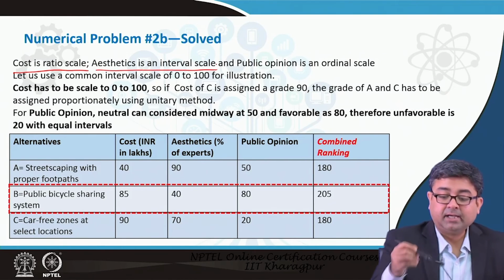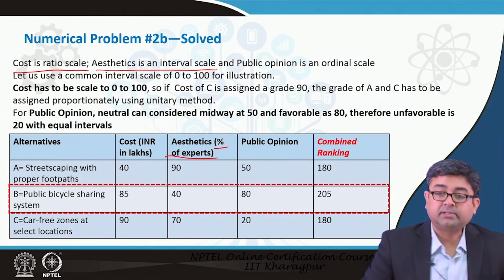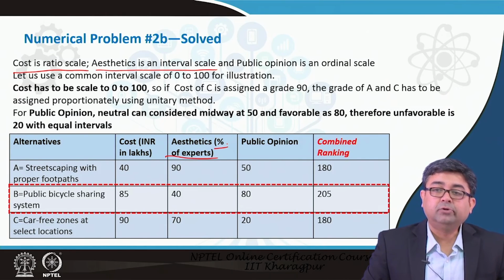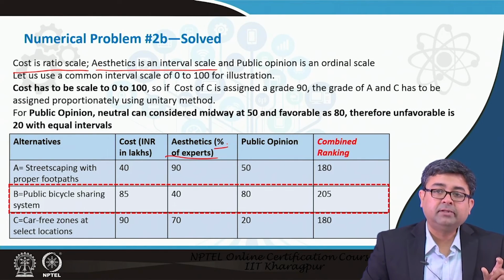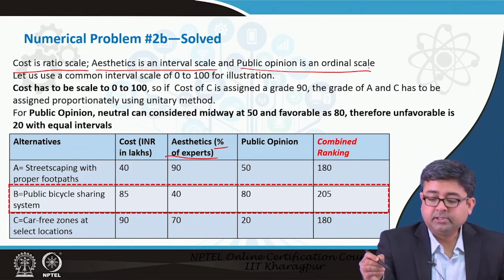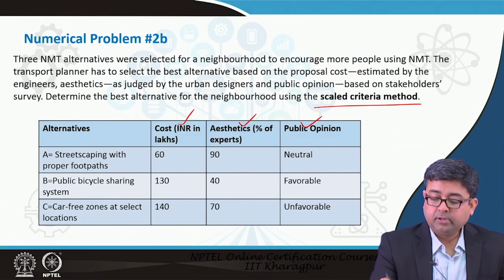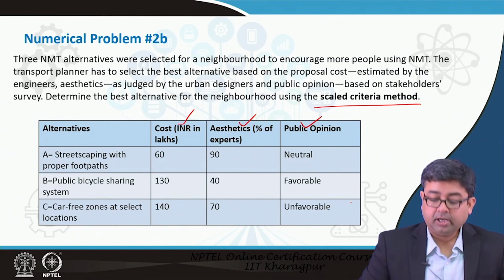Aesthetics is an interval scale, aesthetics percentage of experts. You know the exact difference between the two, but you cannot say that one is n times the other. Whereas public opinion is on an ordinal scale: public opinion is neutral, favorable or unfavorable.